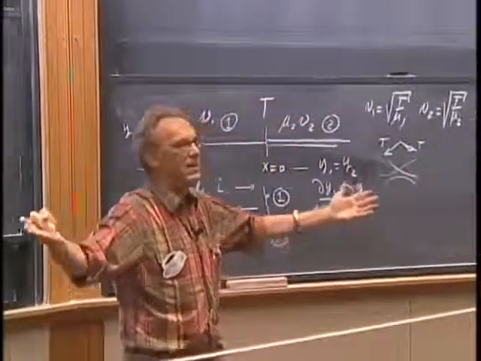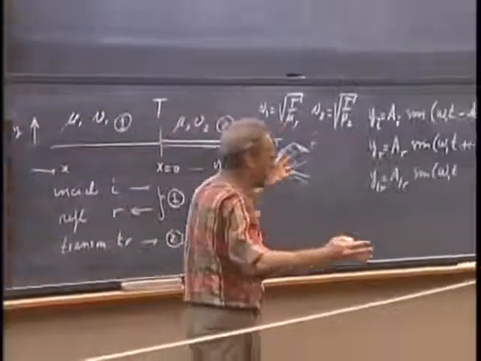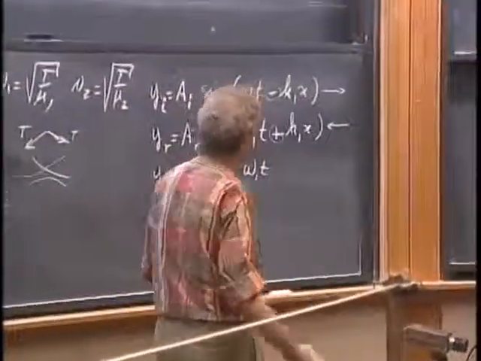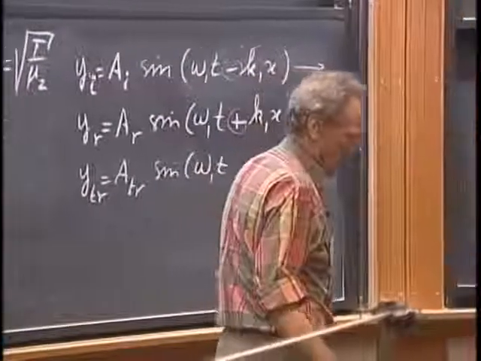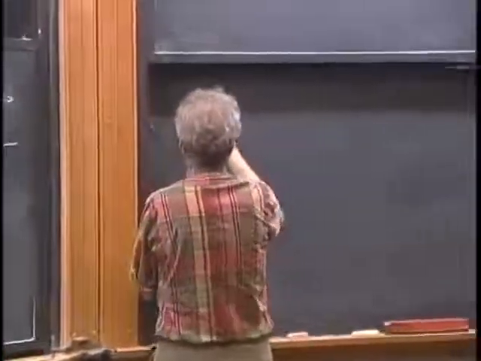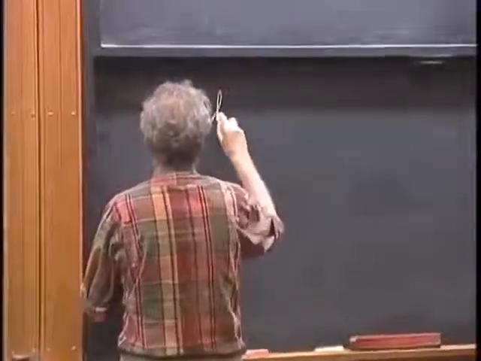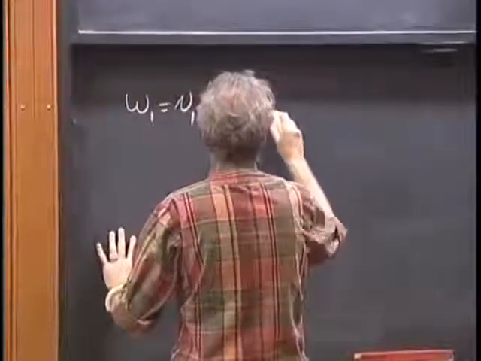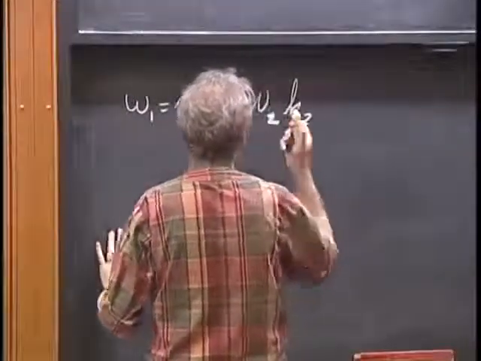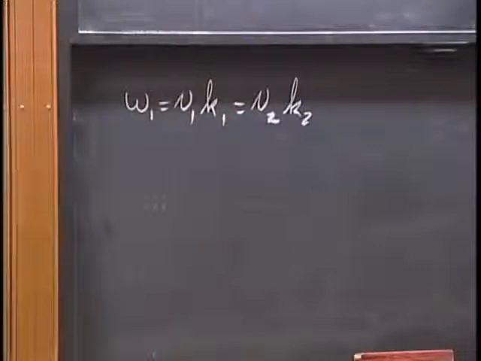So omega is a given. You can't say omega is different on the right side than it is on the left side. In other words, omega is v1 times k1, but it is also v2 times k2. It's the same omega. And so I get here minus k2 times x.